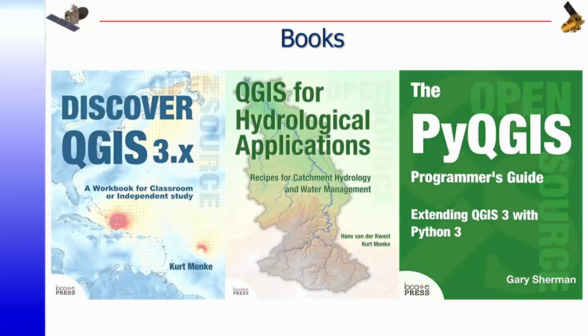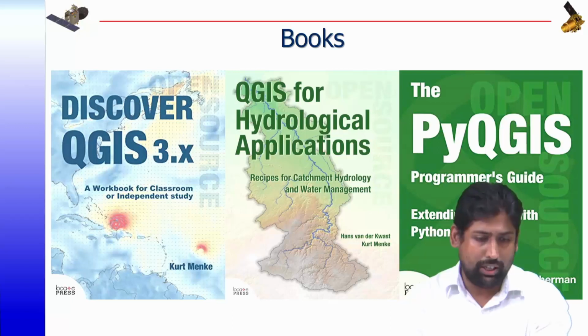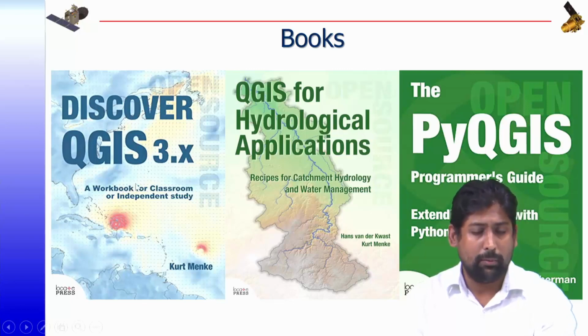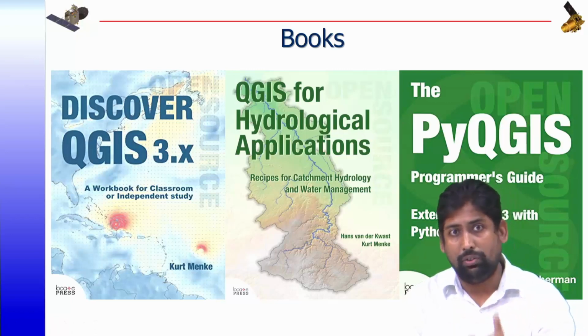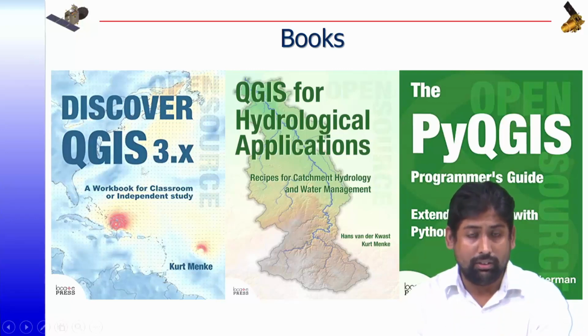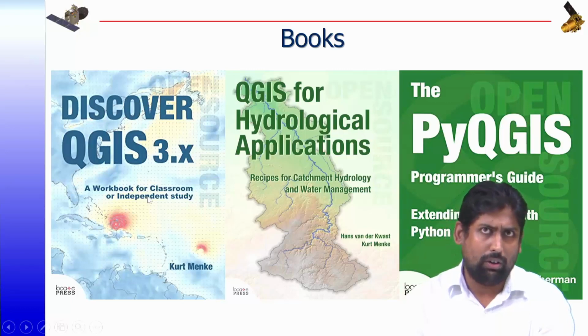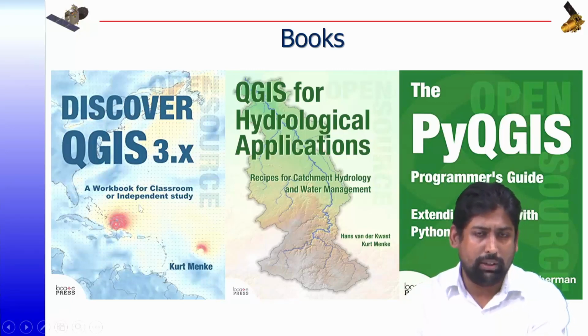Finally, there are some books which I want to recommend. These are very good books. The first one is Basic QGIS. Since QGIS 3, a lot of things have changed and a lot of new functionality has been added. This was updated last August 2022, and the current version has all the capabilities of the latest version of QGIS.